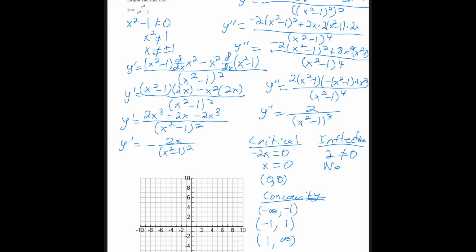So if I plug in negative 2, I get 4 minus 1 is 3. 3 cubed is 27, so I get 2 over 27, so that's positive, so it is up. If I plug in 0, I get negative 2 over negative 1, so that's negative, so I get down. And if I plug in 2, I get positive, so that's up. And because (0, 0) is in this middle region where the concavity is down, this is a maximum.